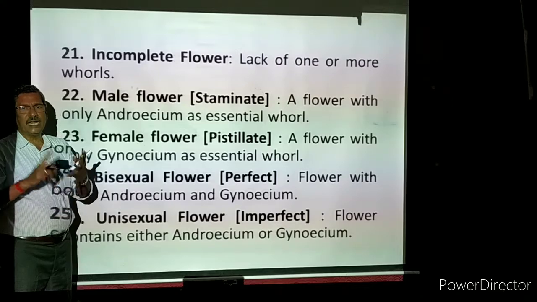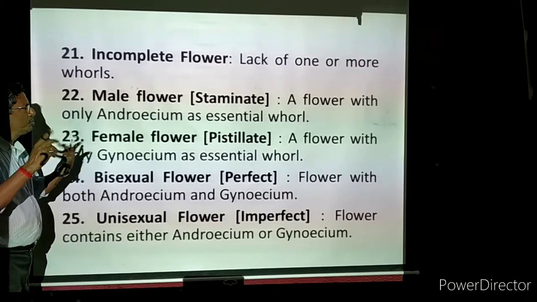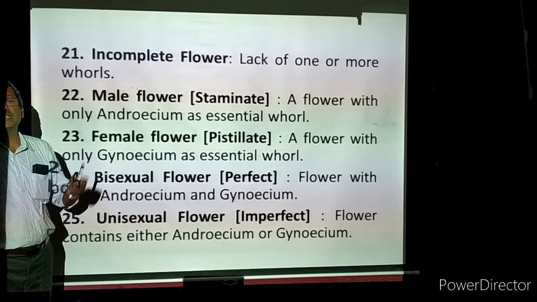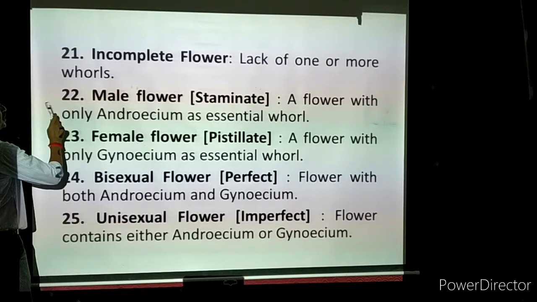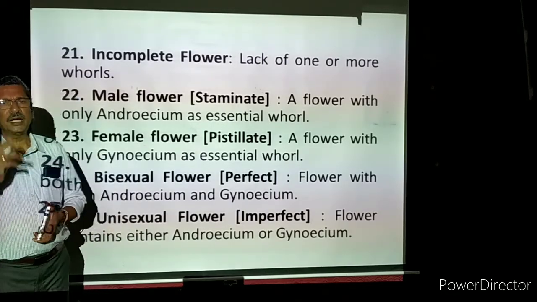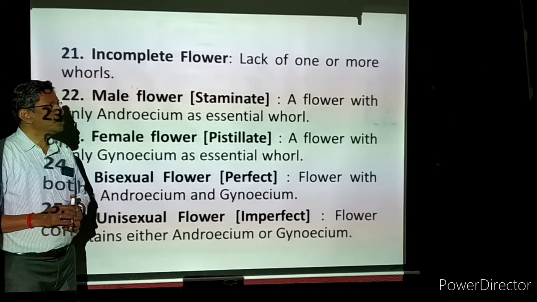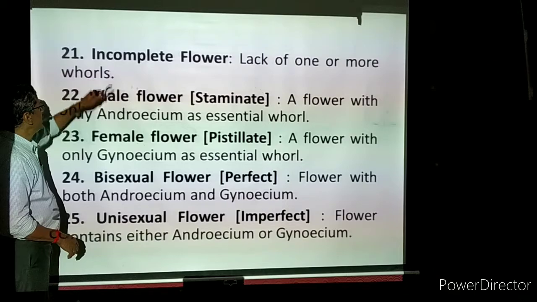For example, calyx, corolla and androecium are there, but gynoecium is not there, the female reproductive part. Then we call it an incomplete flower. Any whorl can be absent. Sometimes 2 whorls are absent: calyx and corolla will not be there, only androecium and gynoecium. Like that, if any 2 or 3 whorls are absent, it is incomplete.